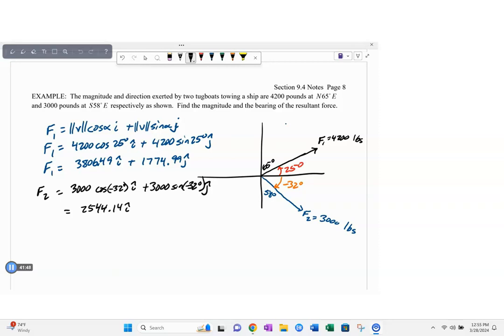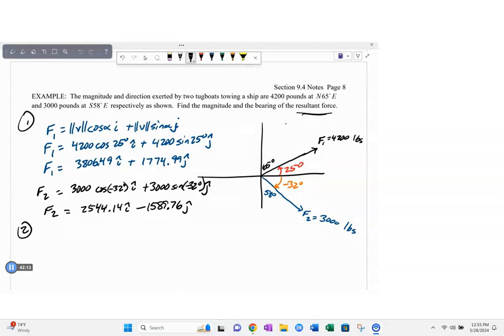And then 3,000 times sine negative 32, that's a negative 1589.76 j, for the second vector there. Step 3, we want the resultant force. So we want both the magnitude and the bearing of the resultant force. Well, let's find the resultant.